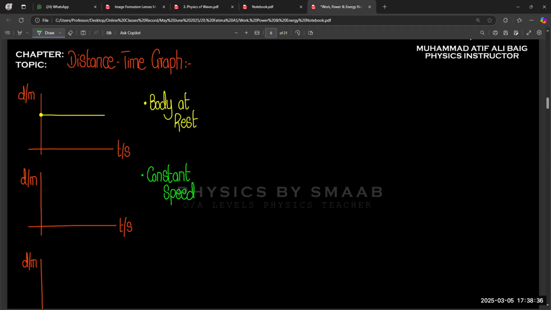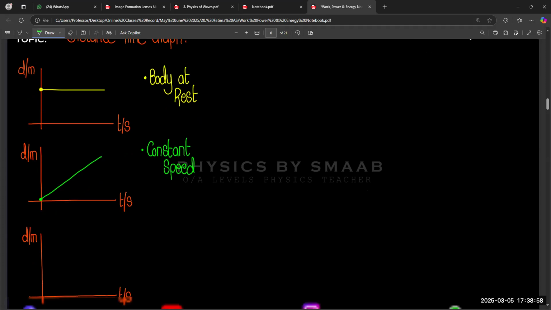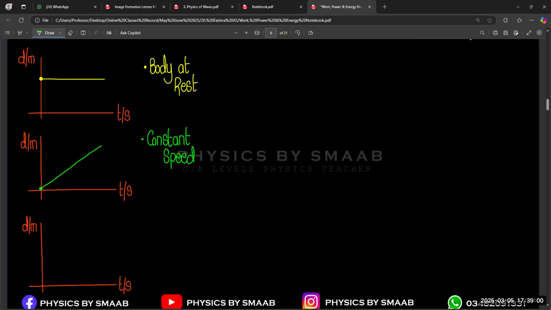In this way both quantities are increasing equally, which means both are directly proportional. And we get a straight line like this. So this is the graphical representation for constant speed.